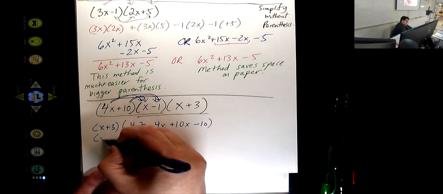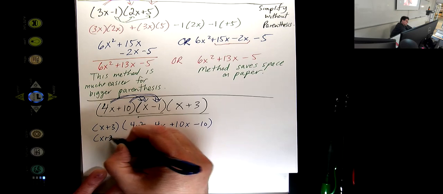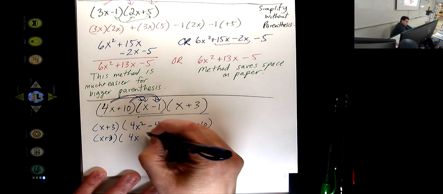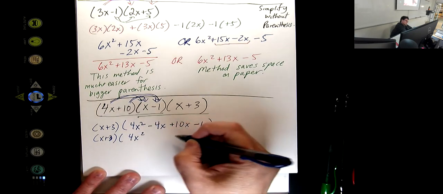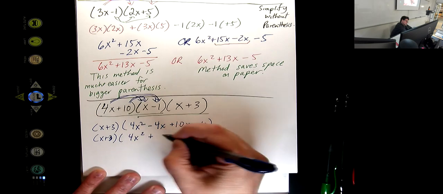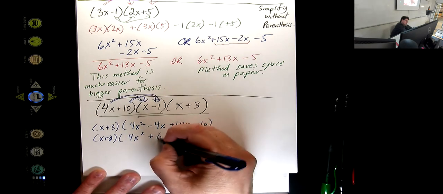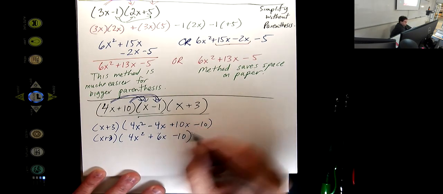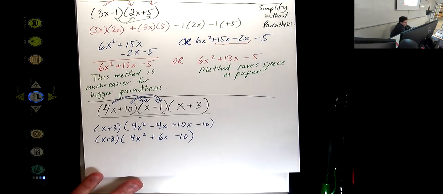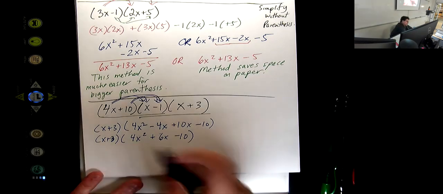So if I clean up that middle part before I start multiplying, I got 4x squared minus 4x plus 10x is 6x minus 10. And now we'll do this distributing.